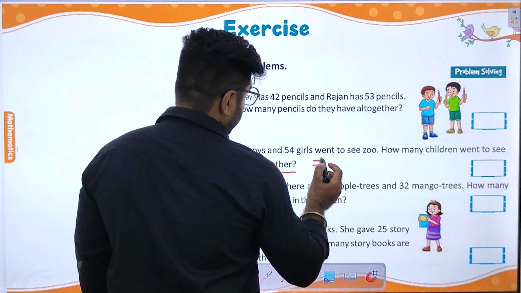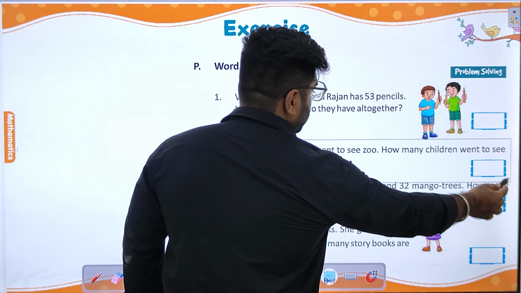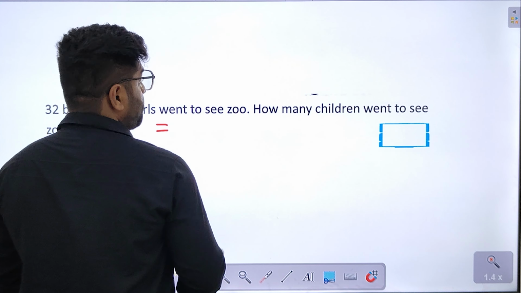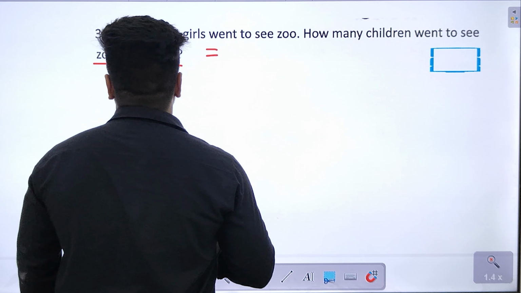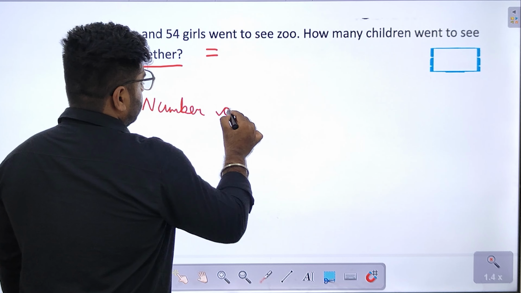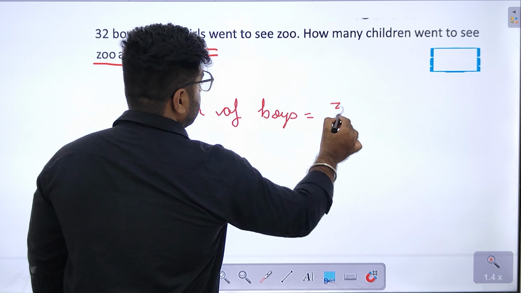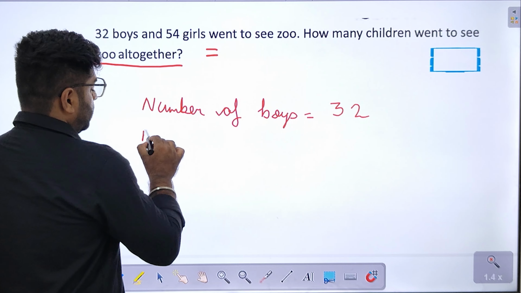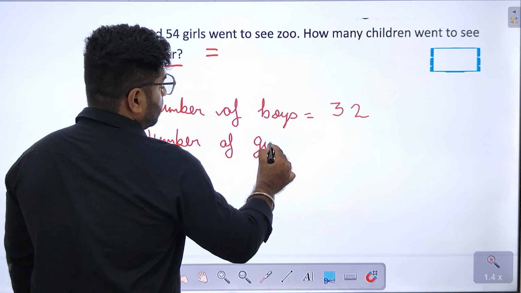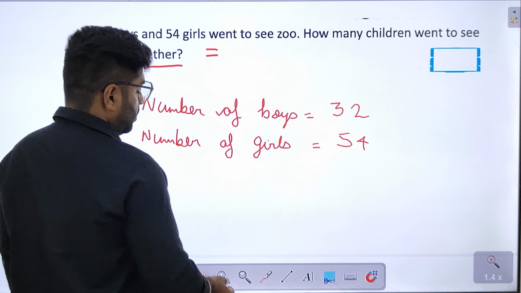Here we are having 32 boys. And the first thing, we have to write a statement also. Let's pick this question. So here we are having the number of boys is 32. Then we are having the number of girls, that is 54.